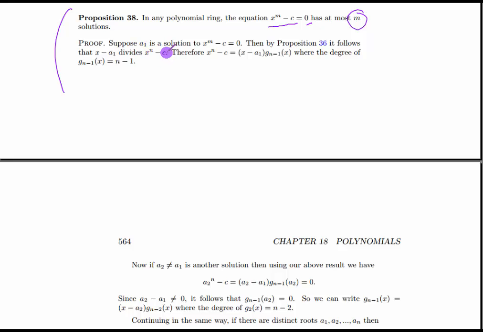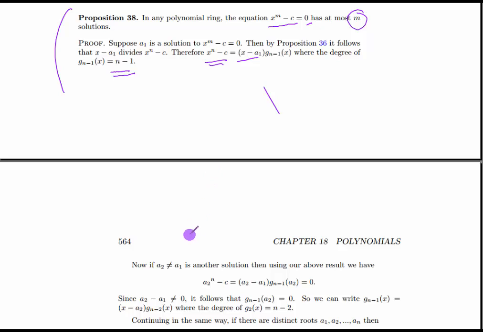Okay, so that's what we just showed. Therefore, x to the n minus c equals x minus a1 times some other polynomial, where the degree of this polynomial must be equal to n minus 1. Okay, because this has degree 1, so this must have degree n minus 1 in order to make the result have degree n.